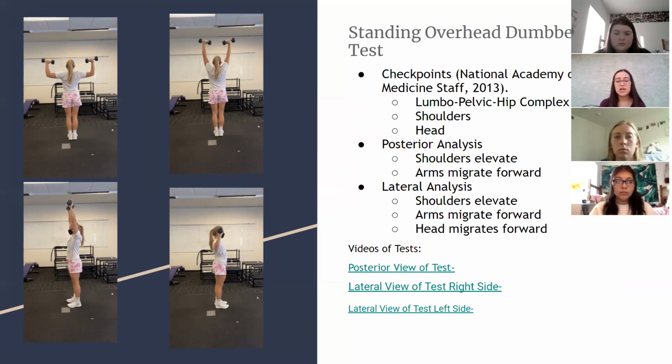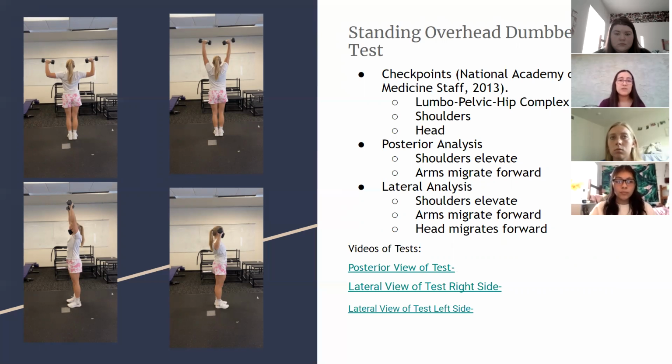For our next checkpoint, we have the shoulders. In both the lateral and posterior analysis, there was compensation in the shoulders. Things that occurred were the arms migrating forward as well as the shoulders elevating. A potential reason as to why the arms might be migrating forward can be due to overactive muscles such as the latissimus dorsi or the pectoralis muscles such as the pectoralis major.